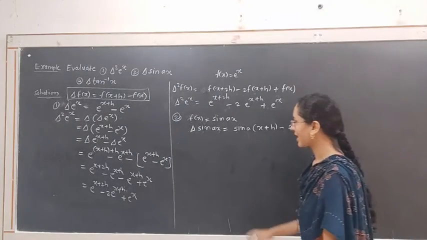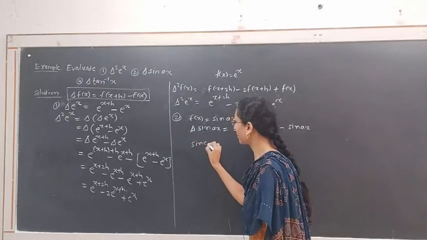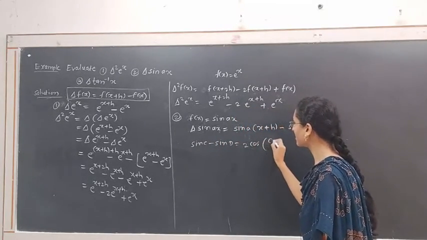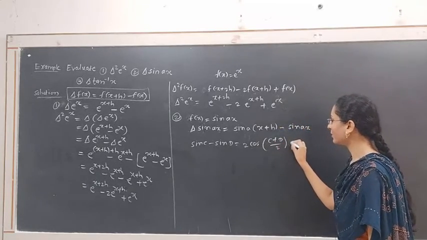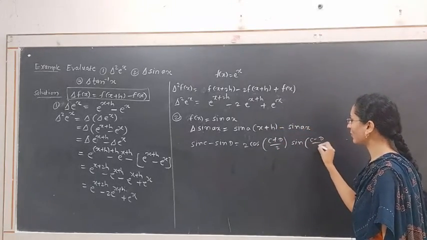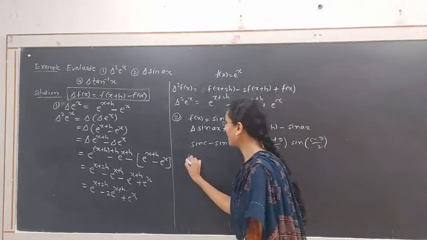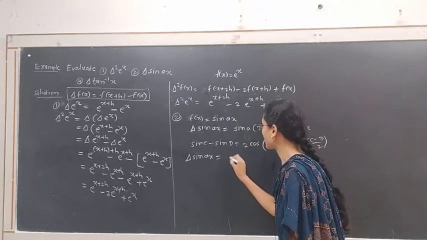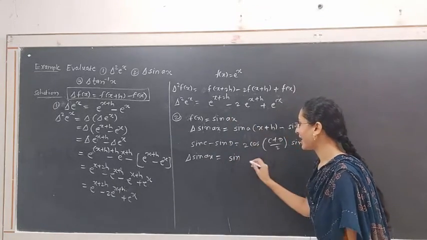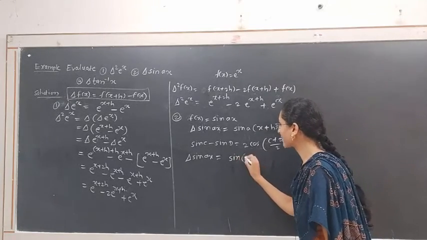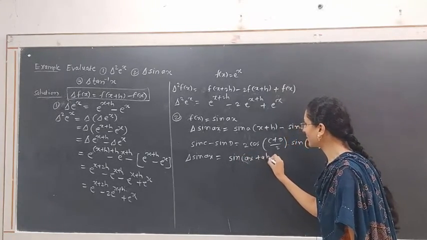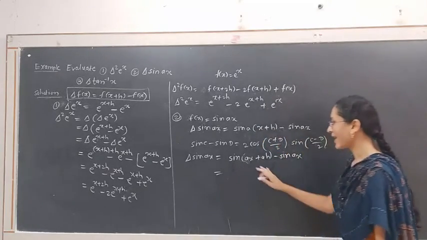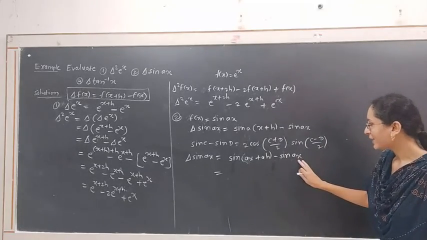We know the formula, sine c minus sine d is equal to 2 cos of c plus d upon 2 into sine of c minus d upon 2. Hence, del sine ax is equal to, this can be written as sine of ax plus ah minus sine ax. This is equal to, c value is ax plus ah and d value is ax.